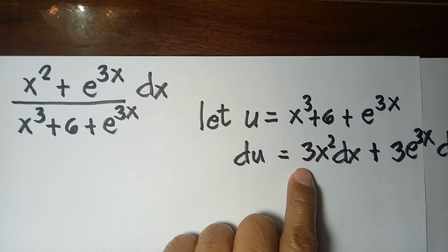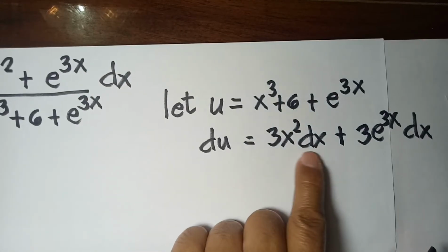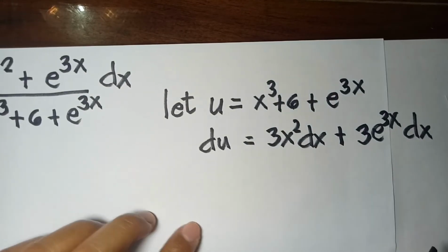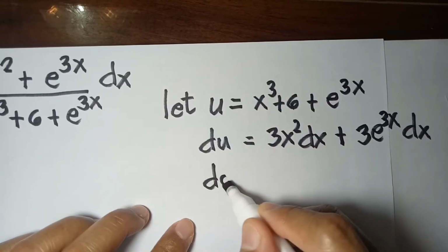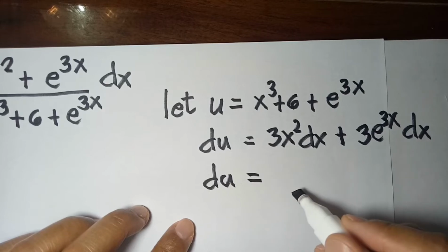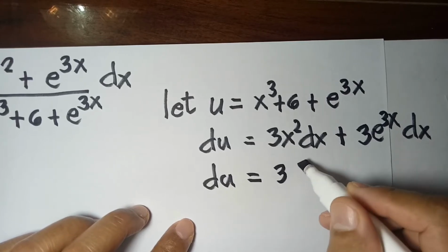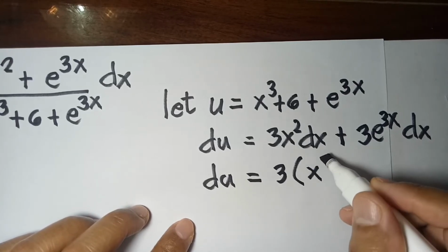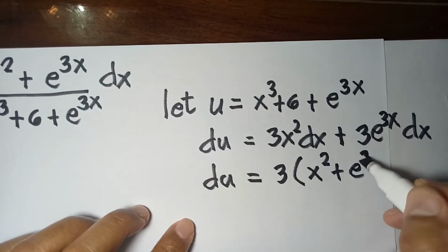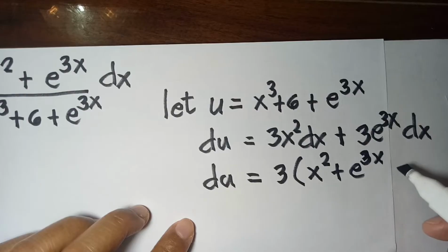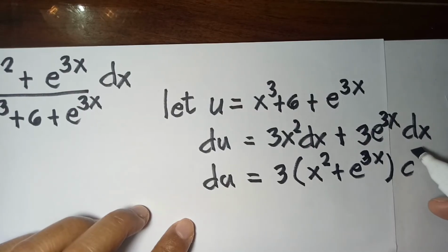So there is a common factor, 3 and dx, no? So let us factor out 3 and dx. So I will have du equals 3 times x squared plus e raised to 3x times dx.